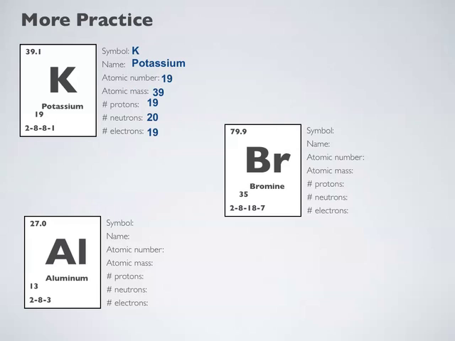Okay, aluminum. Symbol: AL. Name: aluminum, aluminium for some people. Atomic number, Tanya? 13.